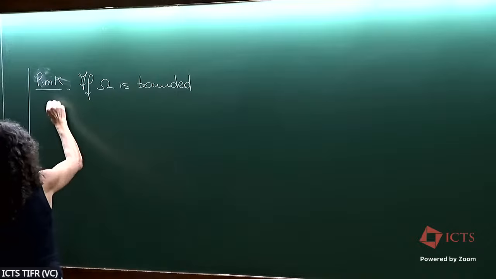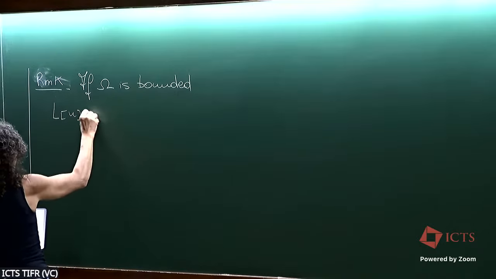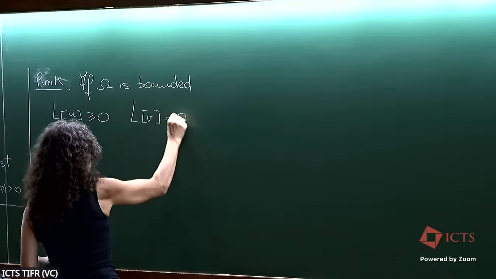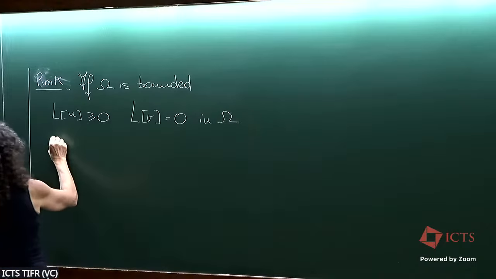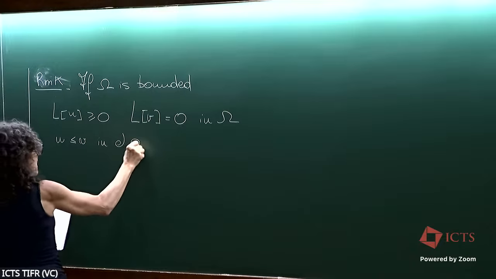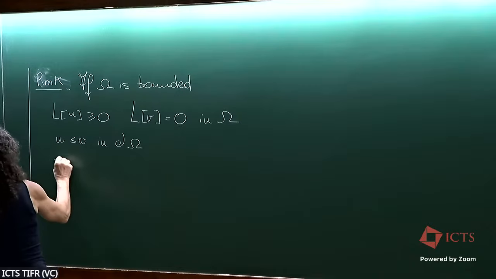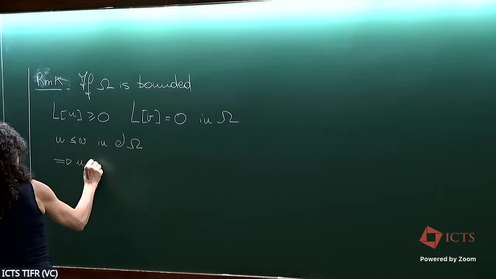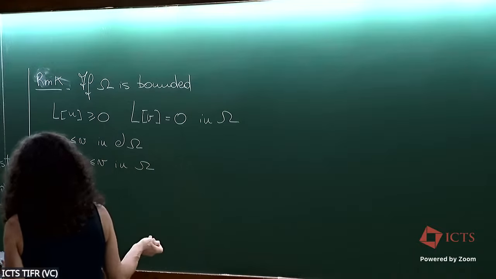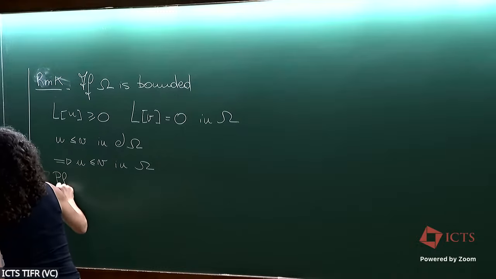For example, if you have L of u larger or equal than 0 and L of v equal to 0 in omega, and then you have u smaller or equal than v on the boundary of omega, then it's easy to see that u is smaller or equal than v in omega. It's a classic proof.